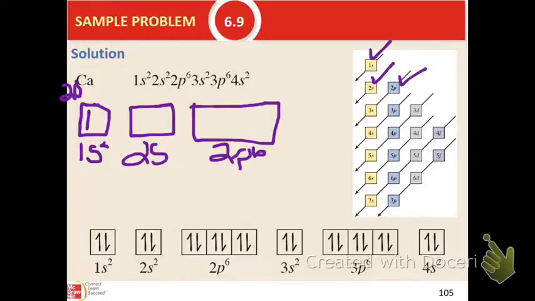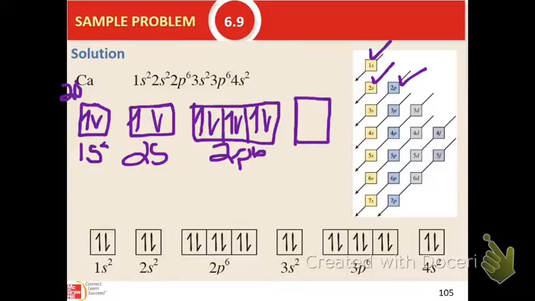So there's 1, 2, 3, 4. Then these are going to fill one at a time: 5, 6, 7, 8, 9, 10. I'm only halfway there. So now I'm going to move to the next energy level, which is the 3. On the third energy level, I have 3s, and I also have p's. So there's 2 that are going to reside in that orbital, because that's a 3s. And how many electrons can fit in an s orbital?